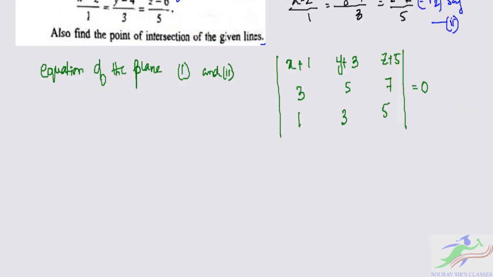Now solving this, x plus 1 multiplied by 25 minus 21 is 4.